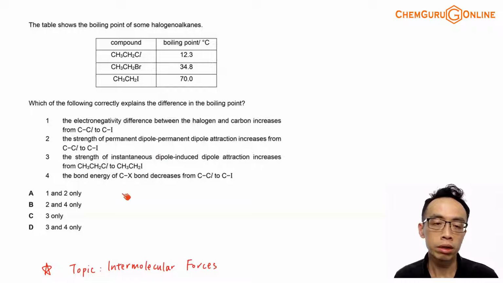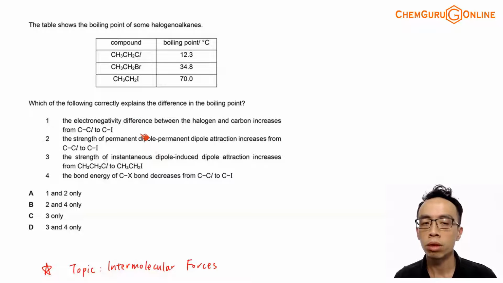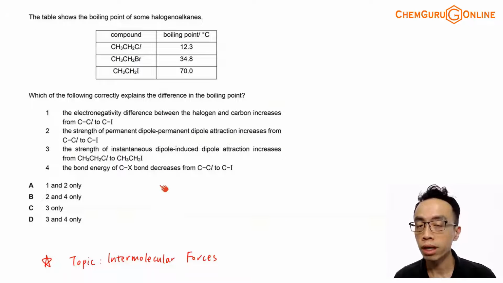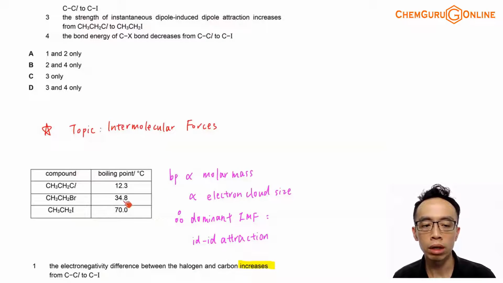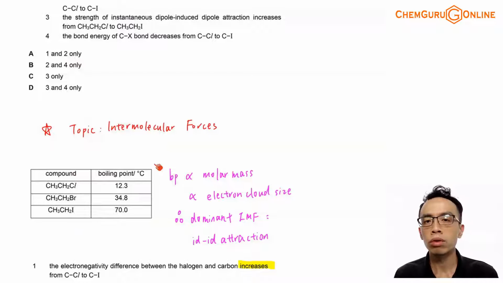Of course, the topic tested in this question will be under intermolecular forces, and if we look at the compounds given and the boiling point trend, we will be able to determine the dominant intermolecular force for this set of compounds. If we take a look at the boiling point, you notice when you go down the group from chloro to bromo to iodo compound, there is an increase in the boiling point.